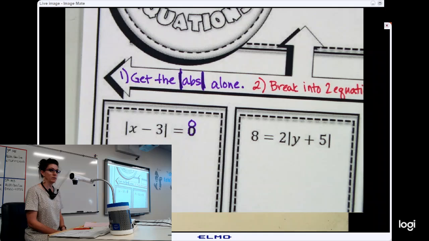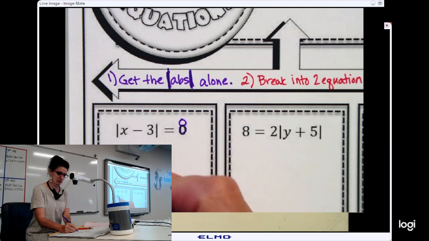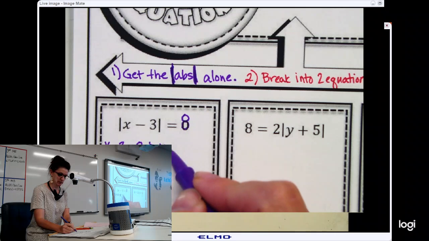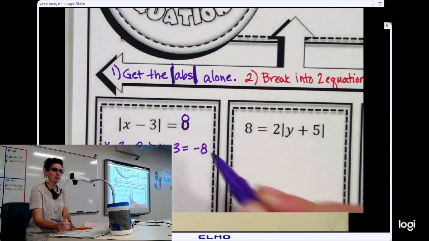And I'll show you what I mean by that right now, after you get caught up with those notes. All right. So I'm going to break it into 2 equations. I'm going to have x minus 3 equals positive 8. And I'm going to have x minus 3 equals negative 8.